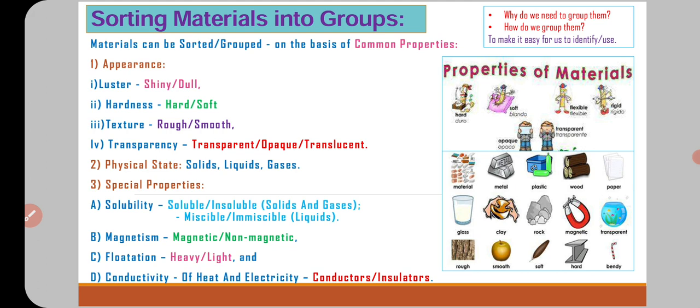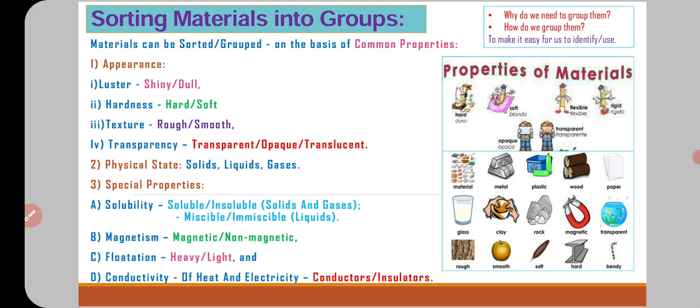Special properties. Solubility. Soluble, insoluble for solids and gases. Miscible and immiscible for liquids. These are things that we learn in a new topic. Okay. Magnetism. Magnetic or non-magnetic.